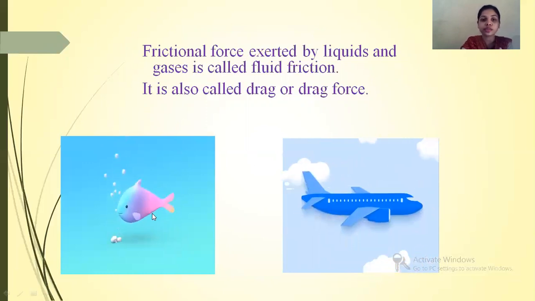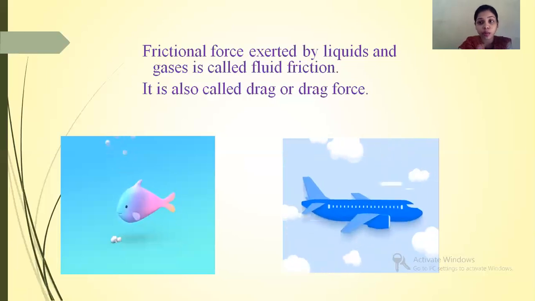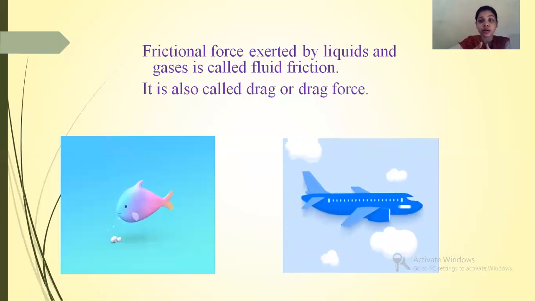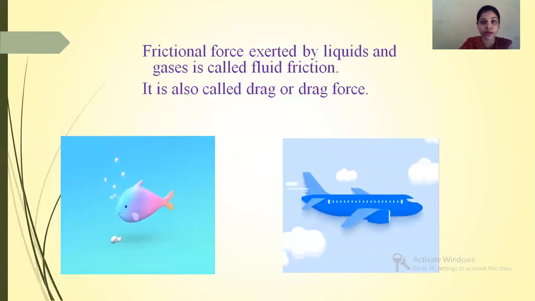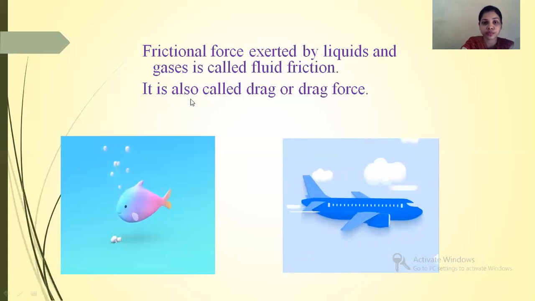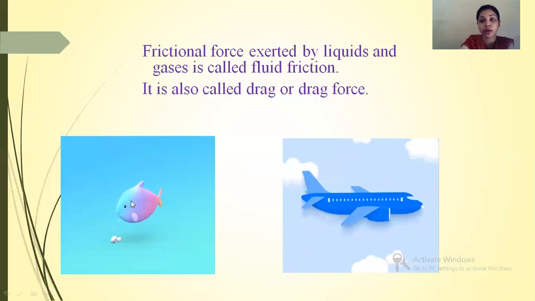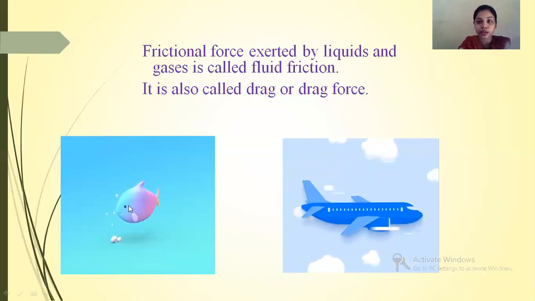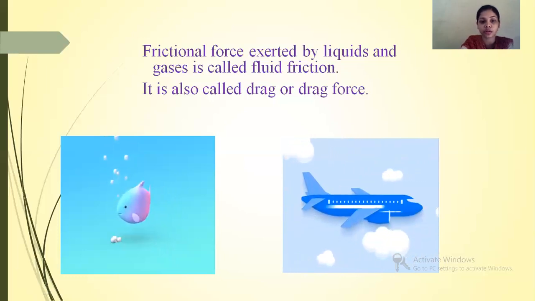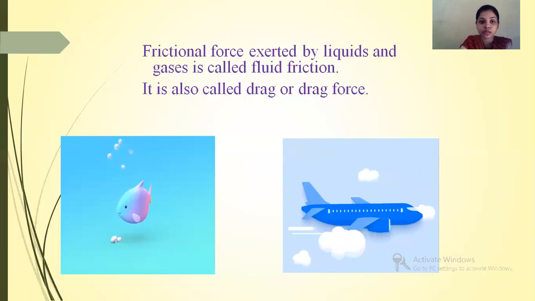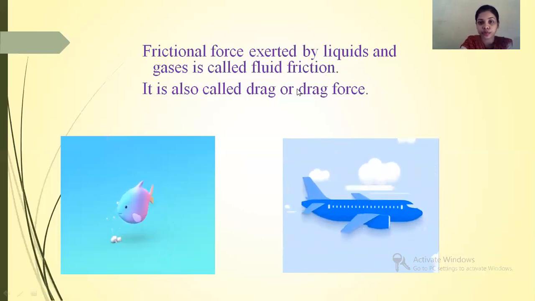When we swim in water, of course the water opposes the motion of our body. This frictional force acting on the body is nothing but fluid friction. Similarly, a fish swims continuously in water, but there is some resistance of the water to stop its motion. This resistive force which acts in the water is fluid friction.